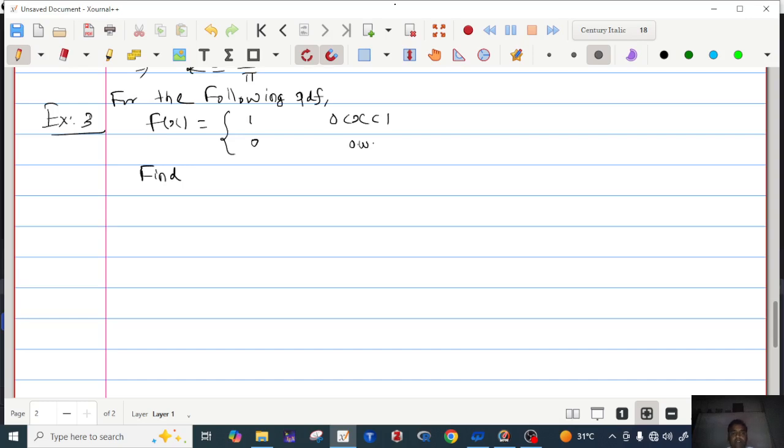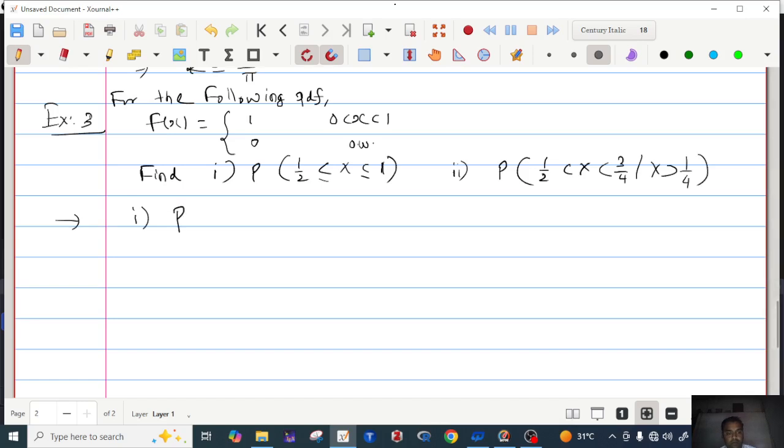For the following PDF, find first, the probability of 1 by 2 less than x less than 1. Second, the probability of 1 by 2 less than x less than 3 by 4, given x greater than 1 by 4.